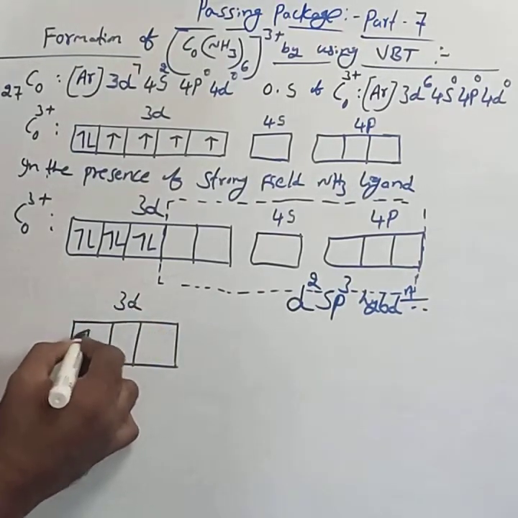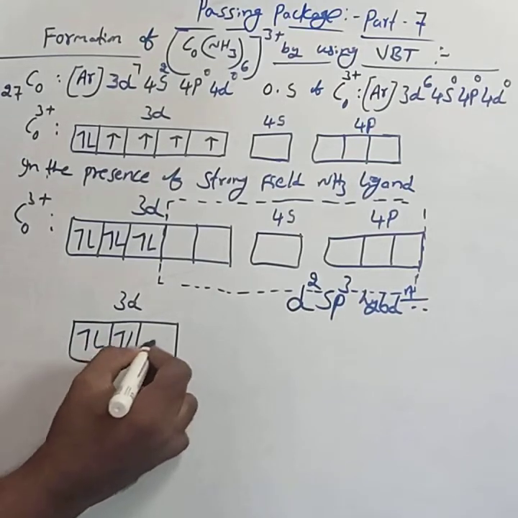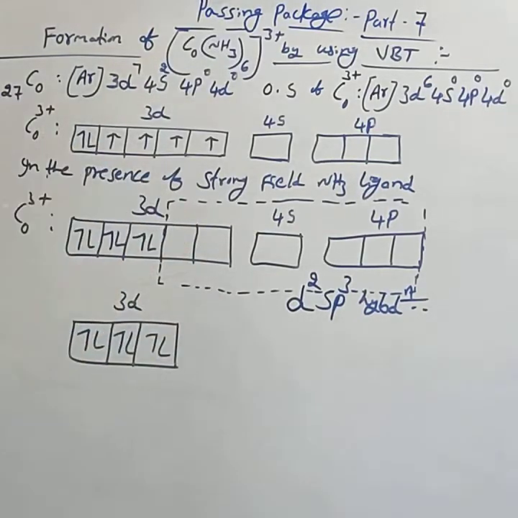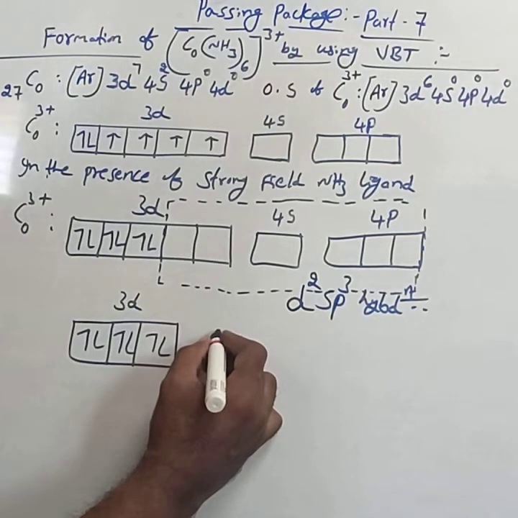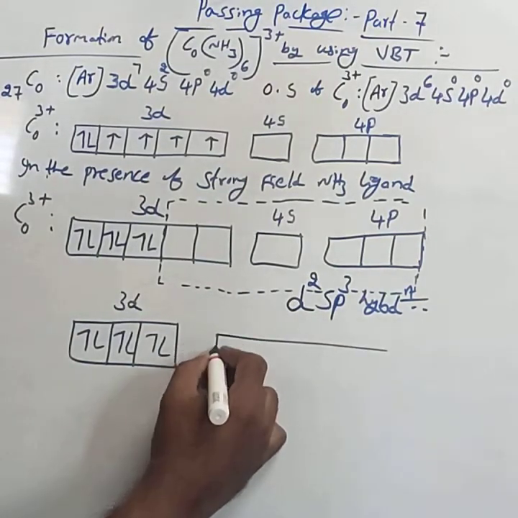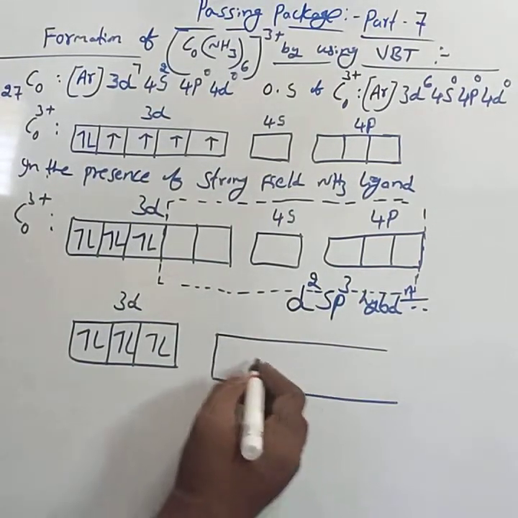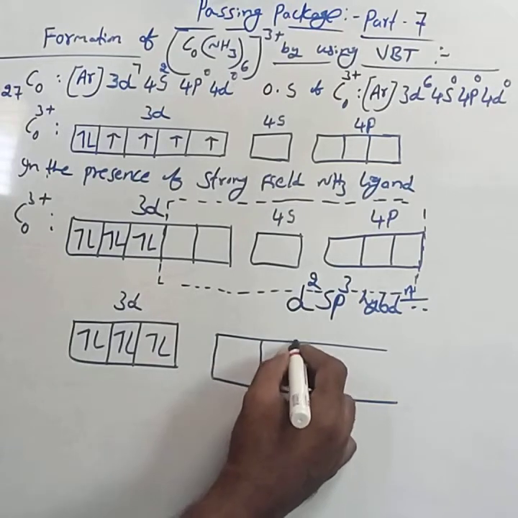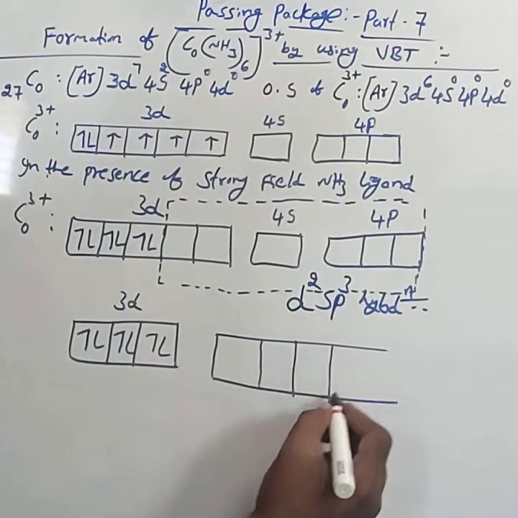Then you consider this 3d, which has 6 electrons, they get paired. You write the hybrid orbitals separately, because according to hybridization, hybrid orbitals have the same energy.